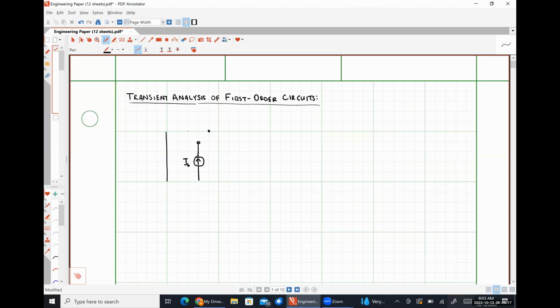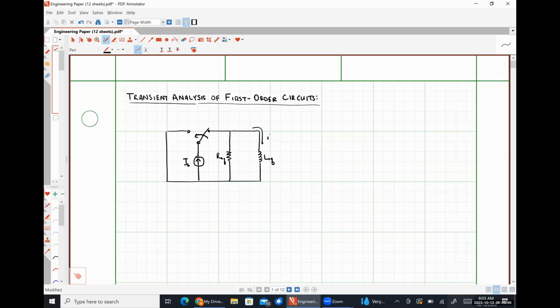We were looking at circuits that could generally be classified as follows. We had some equivalent resistance REQ connected to some equivalent inductance LEQ, like so.